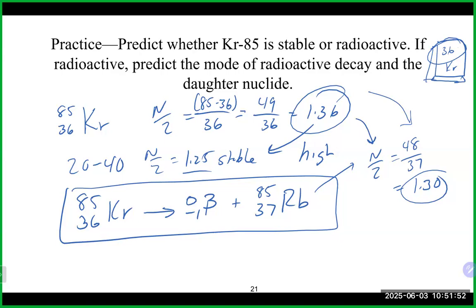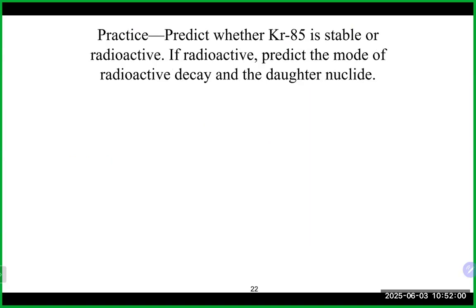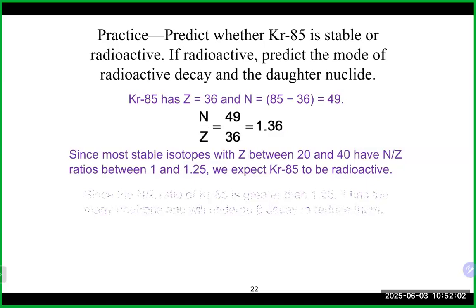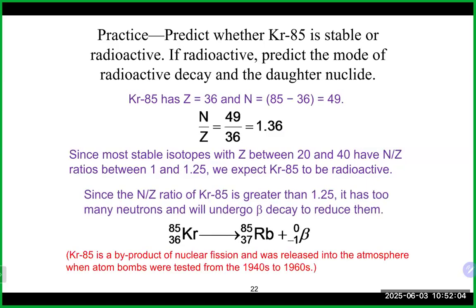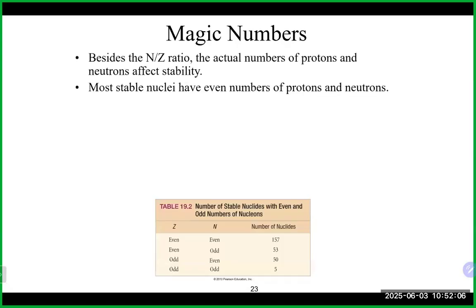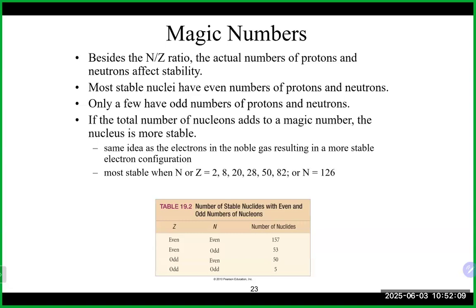So this is one way that we could look at the stability of a nucleus. We could also make a prediction as to what will happen if it is not a good ratio. Other ways that we can predict stability, in addition to looking at the N to Z ratio, is the number of protons and neutrons, and more specifically, are there an even number of protons and neutrons, odd number of protons and neutrons, or a mixture of both?